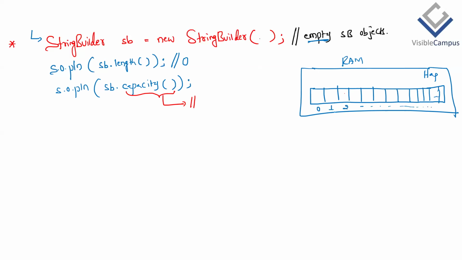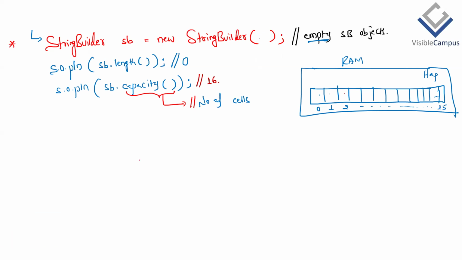Since there are 16 empty cells but the index starts from 0, what's the last index? 15 is the last index. Whenever we create an empty StringBuilder object, the JVM will create one object with 16 empty cells. The capacity means the number of cells. That's why for this line of code we are going to get the output 16 in this scenario. This is the first part.